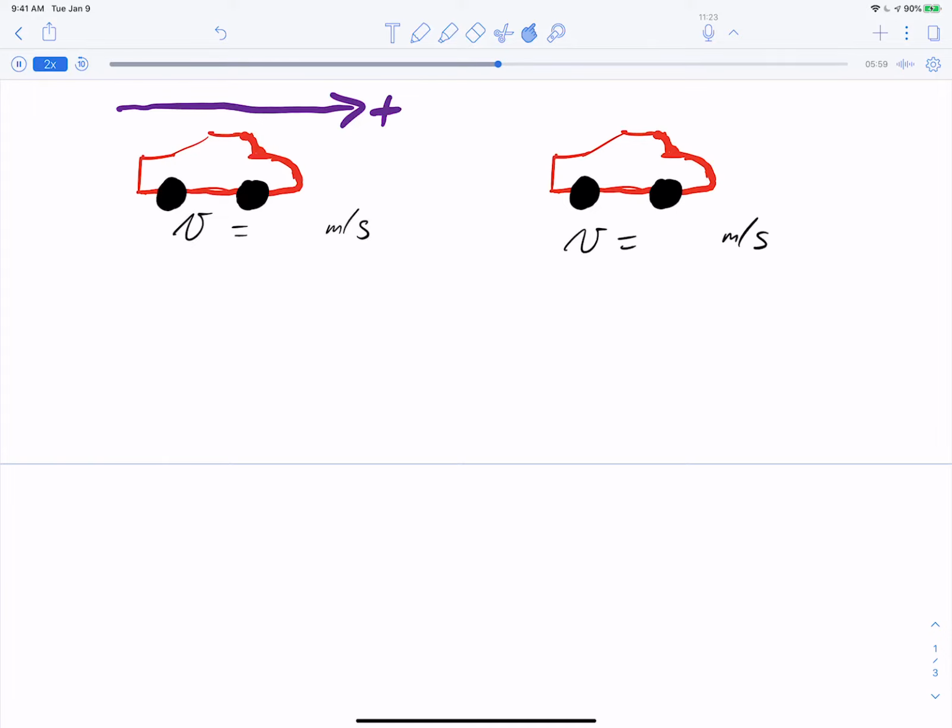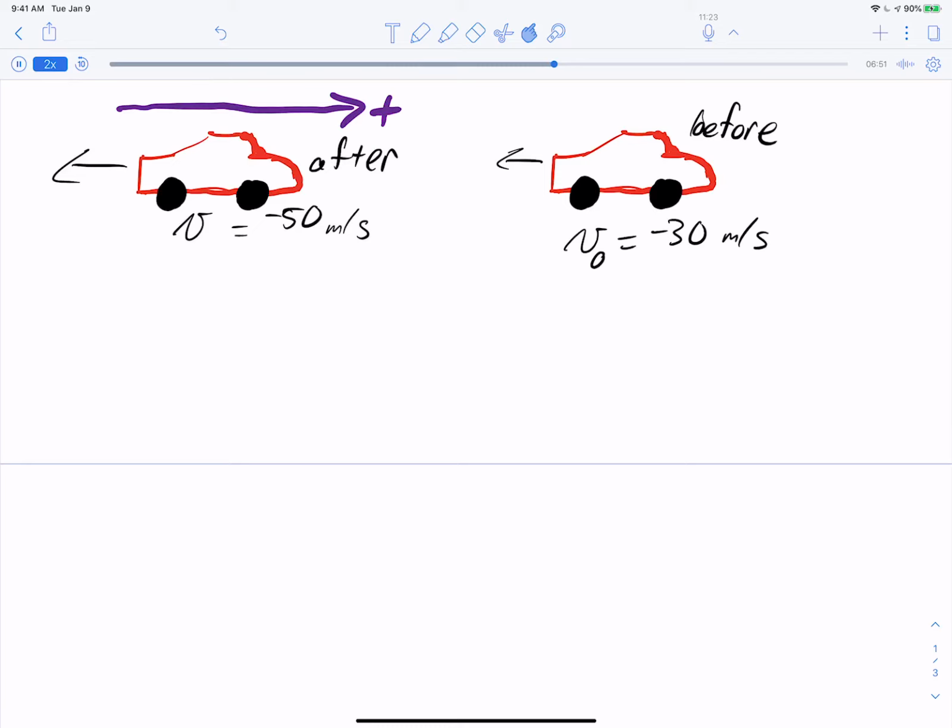Now the car looks like it's going to the left. I don't know, it's one of those Elon Musk Cybertrucks. So here the car is going to the left in both of these pictures. So since it's going to the left, the starting point is this one over here. So that's the initial velocity. Because it's moving to the left, that means the velocity has to be negative. So let's say that it starts with a velocity of negative 30 meters per second. And then later, it's going negative 50 meters per second. So just to make it super clear, this is before over here, and this is after.